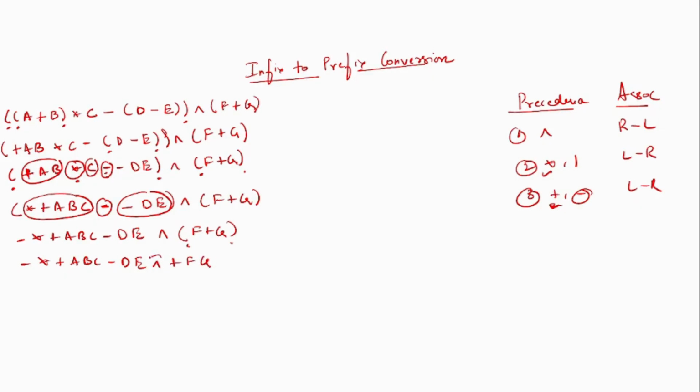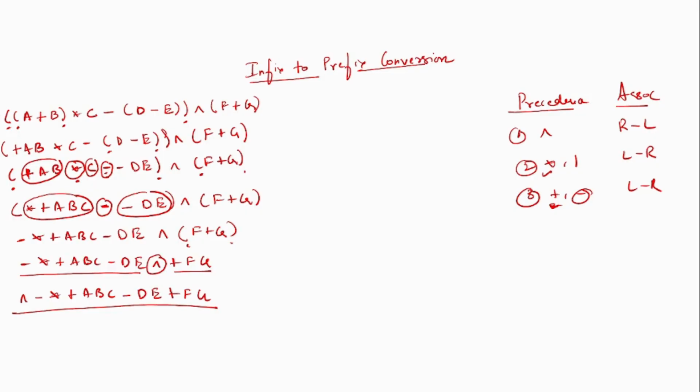The only operator that is to be resolved is this. Therefore this whole thing becomes operand 1, this whole thing becomes operand 2, to the power minus star plus ABC minus DE, plus FG. This is our prefix expression for this infix expression using the direct method.